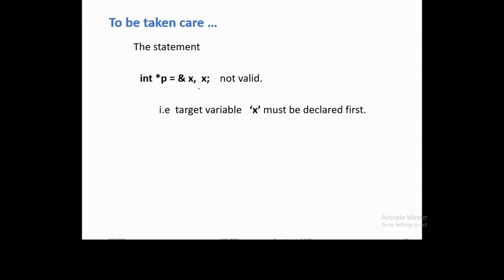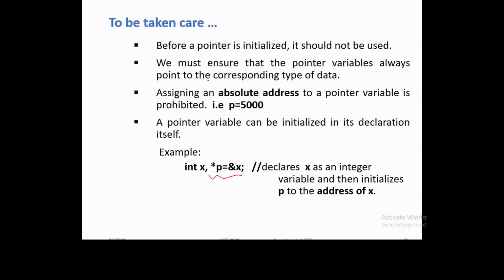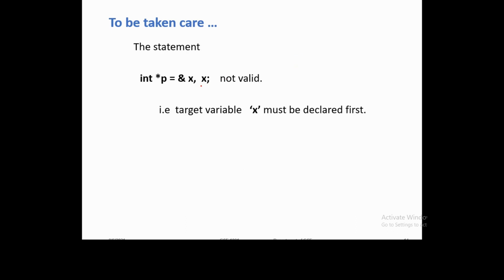So it is not valid. So we must ensure that before a pointer is initialized, it should not be used, and before assigning the address of a particular variable to that pointer, the variable must also be declared. So the target variable x must be declared first.